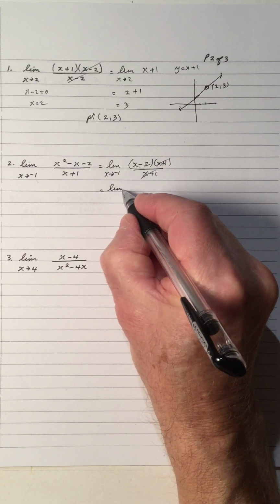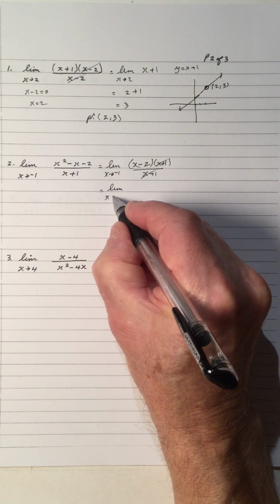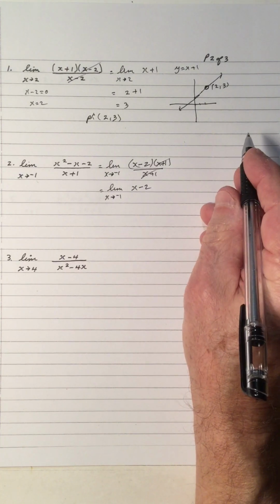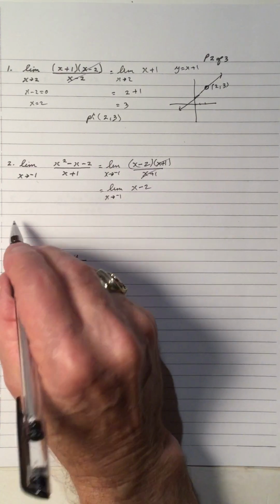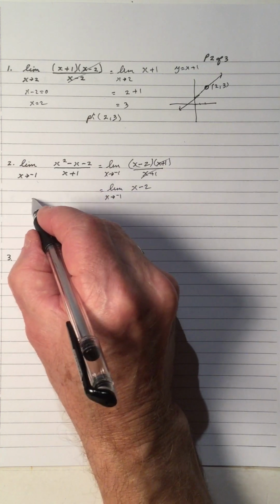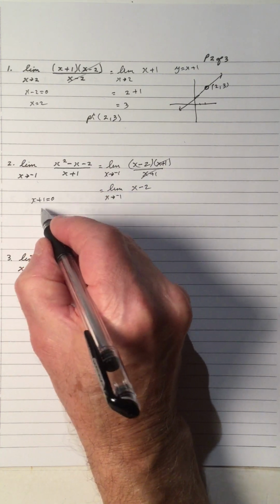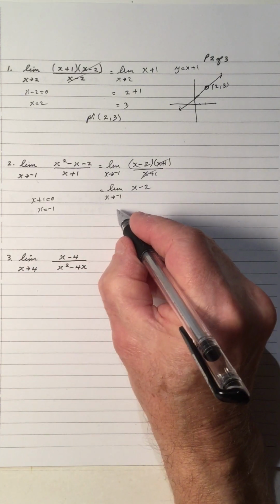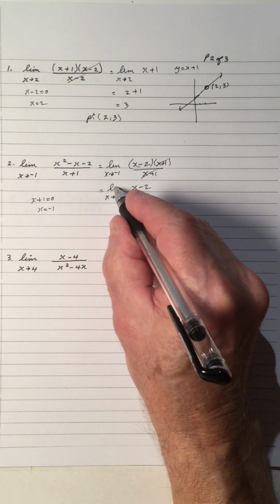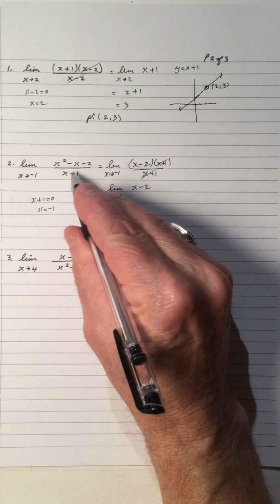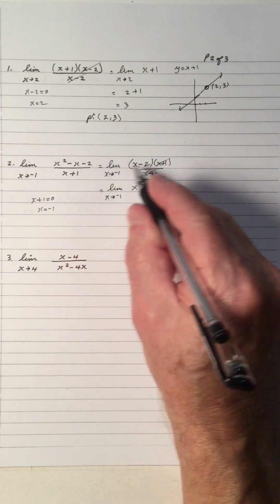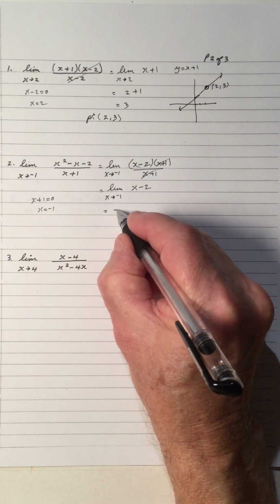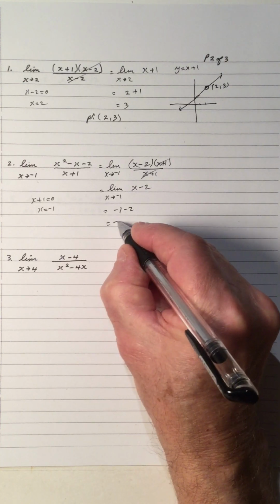So we get the limit as x approaches negative 1 of x minus 2. And again, x plus 1 equals 0 means x is negative 1. If you evaluate this simplified expression, as you put negative 1 in, you get negative 1 minus 2, which is negative 3.